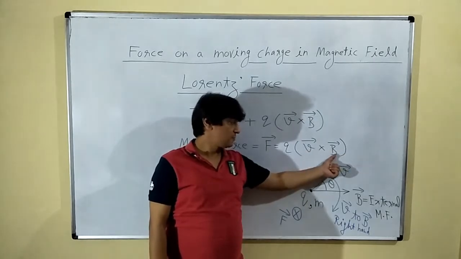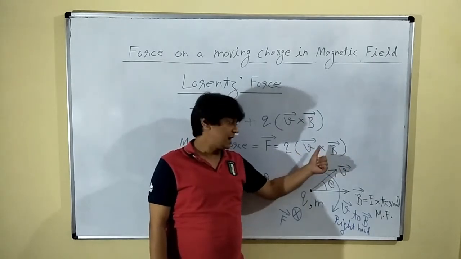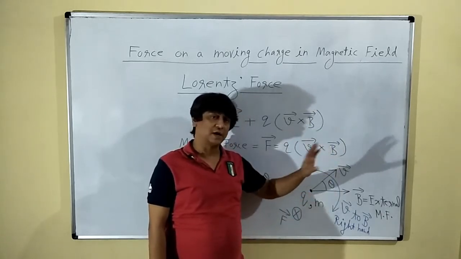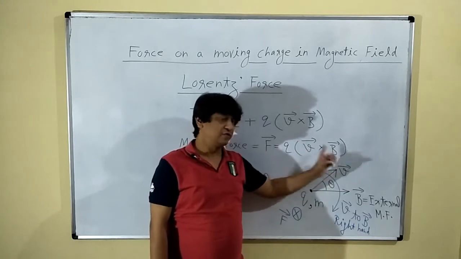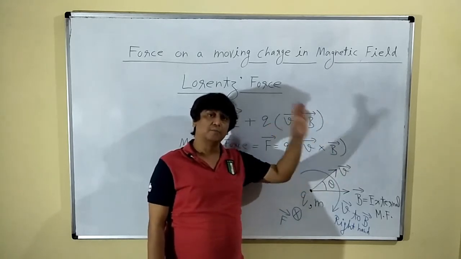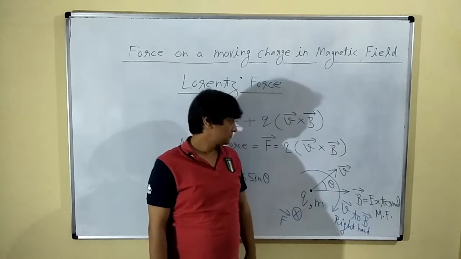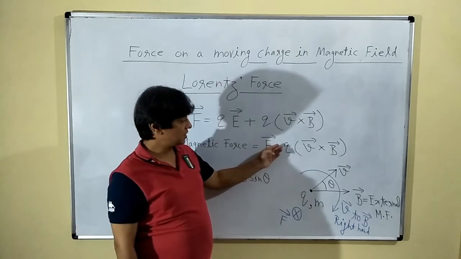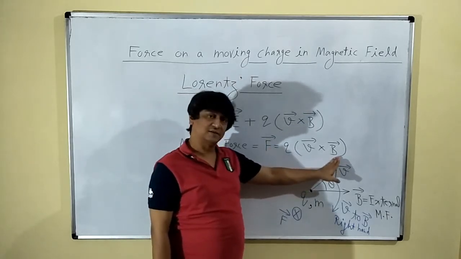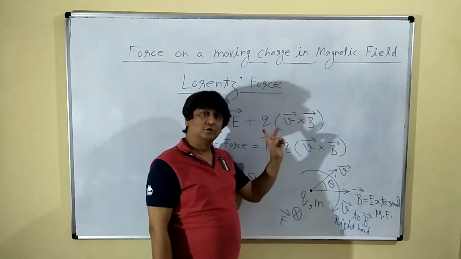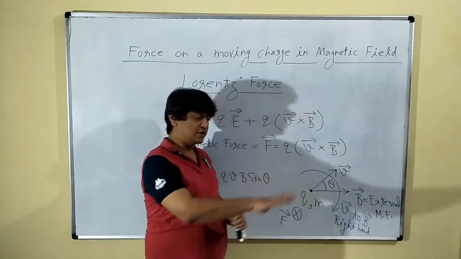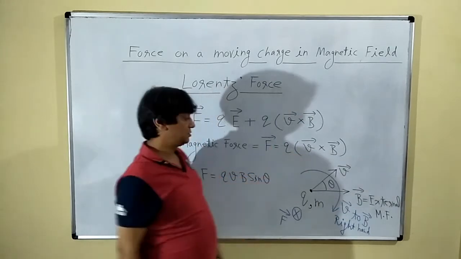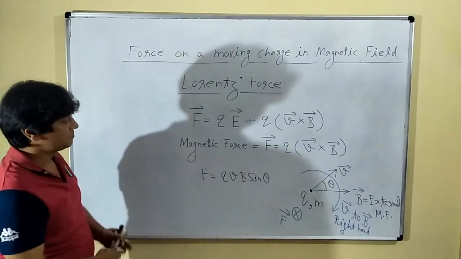V cross B, whatever be its direction, you get it with the help of what? Right hand rule. Always, everywhere there is a cross product, there is only one way: curl the right hand from the first to the second, and then the thumb points in the direction of V cross B. Then Q is the additional factor. If positive, you will maintain that sense. If Q is negative, then the force will not be where your thumb shows, but in the opposite direction. Not a very difficult thing, an easy part.